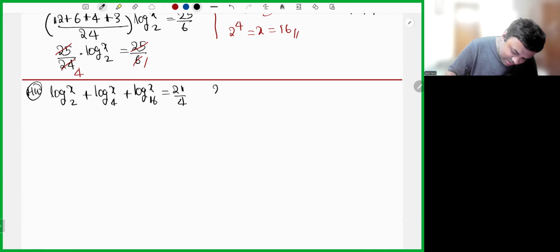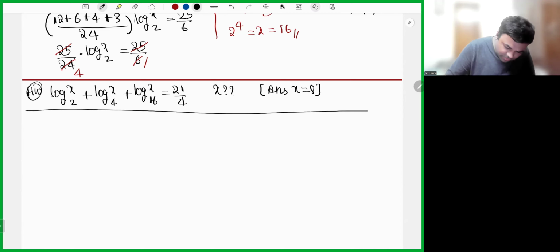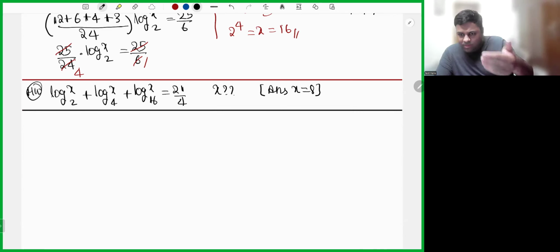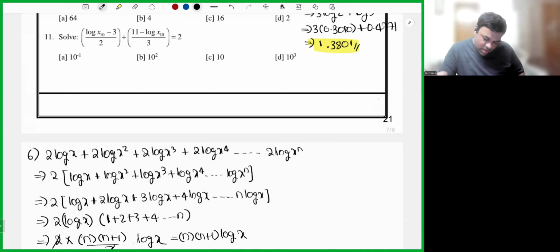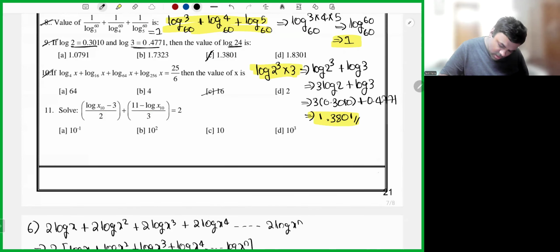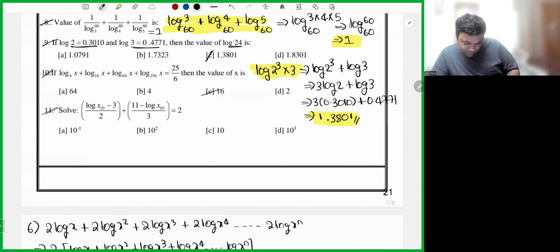I am asking what is the value of x. Please note, answer will be x equals 8. Please solve this whenever you are free. It is exactly the same as the previous question we have done just now. Okay. X is 16.